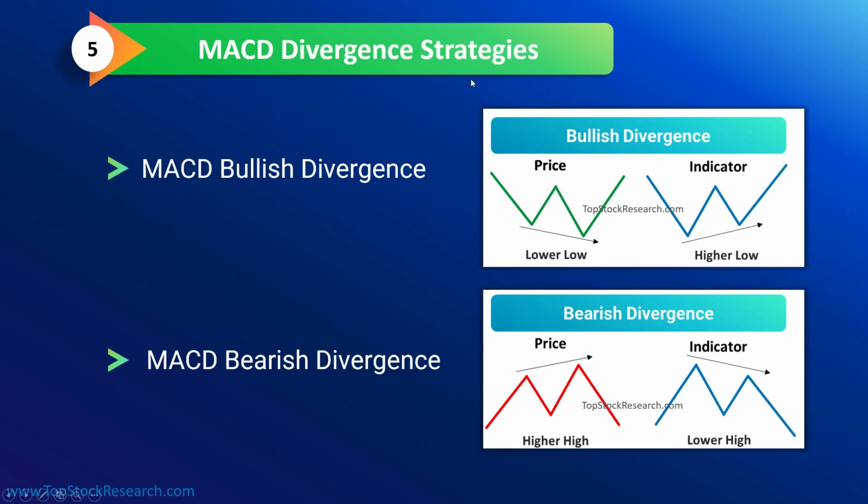If the price is making a lower low, and you just look at the price action, it tells you it's likely to go lower, whereas its derivative, the MACD, has already made a low, and the second low is not as low as the previous low. That means these two are not going together, they are not in symphony.